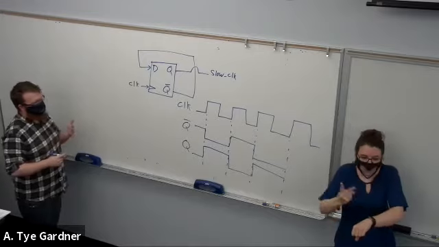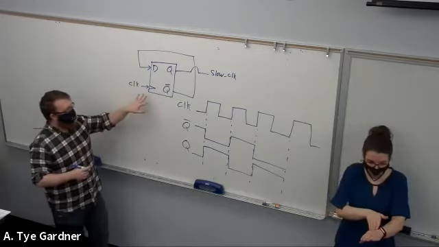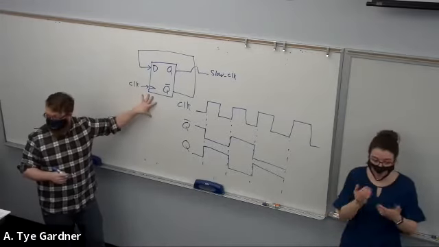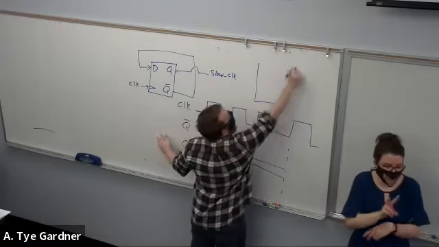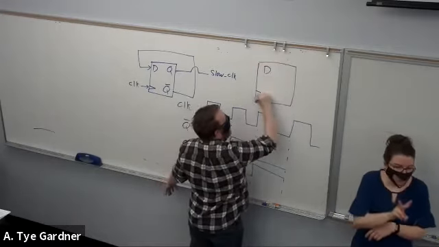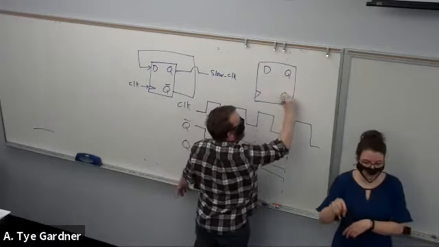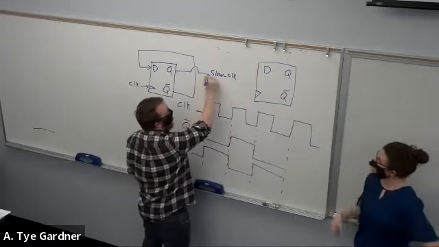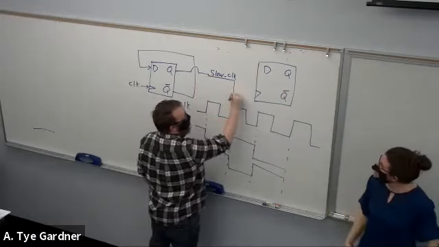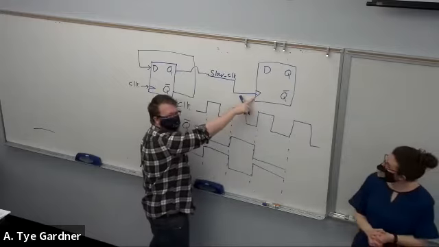If I wanted to divide by 4, let's take another DQ flip-flop. This slow clock is the new clock for that one.